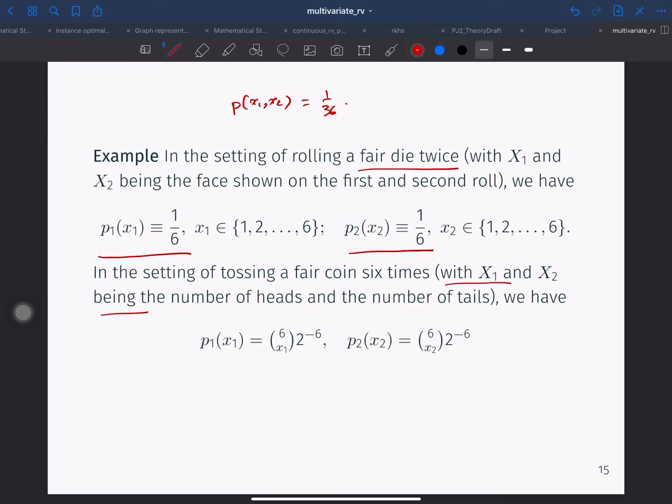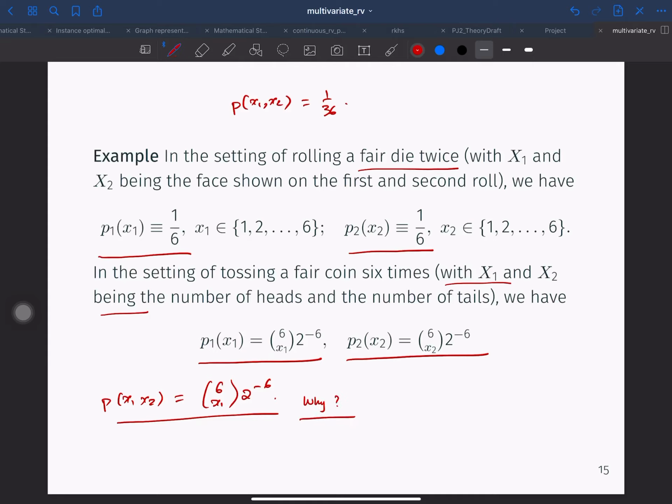In the setting of tossing a fair coin 6 times, with x1 and x2 being the number of heads and tails, we recall that p(x1, x2) is equal to (6 choose x1) over 2 to the 6. And so the marginal PMF is still the same as the joint PMF. Why? The answer is simply that the (x1, x2) in this case belongs to the set (0, 6), (1, 5), (2, 4), up to (6, 0).